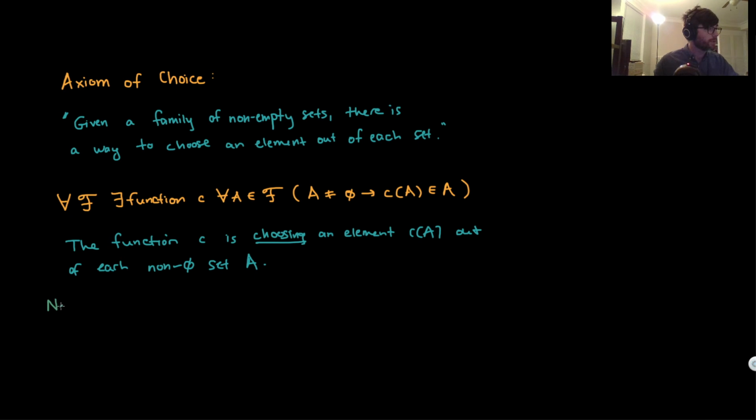So note that the axiom of choice, sometimes written AC, is not needed when curly F is finite. And you can prove that. You could prove by induction that if curly F had size n, then there's a function C that satisfied this property that we cared about.